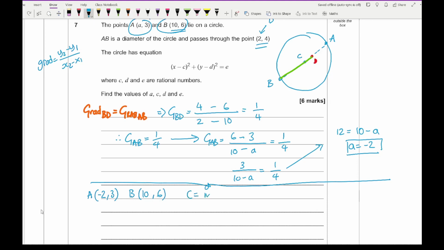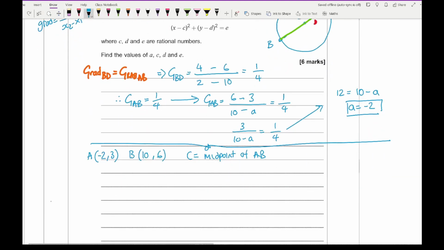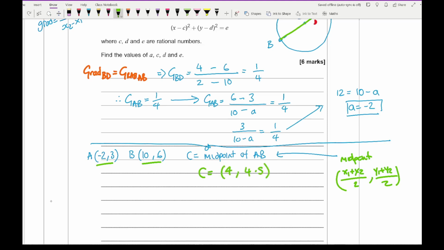So C equals the midpoint of AB, and so if I add the two x ordinates, so the midpoint formula, let's use that a different colour, the midpoint is x1 plus x2 divided by 2 and y1 plus y2 divided by 2. So using these coordinates, substituting it into that formula, we get that C is going to equal 4 and 4.5. So let me just put a little highlight of that.